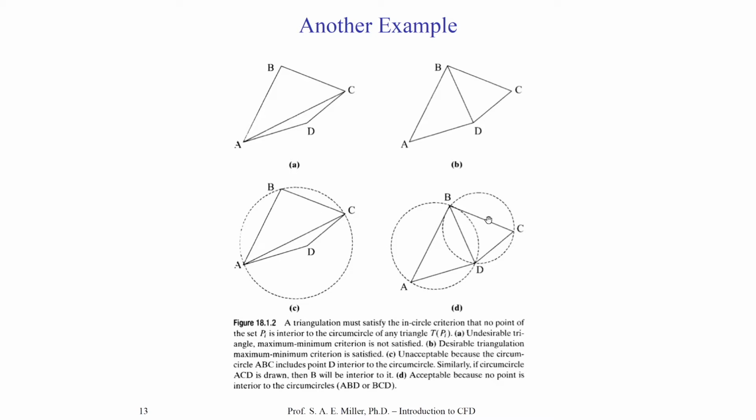Then we could construct other circles, which are unique, which would be A, B, D, and B, C, D. You can see that these particular circles with an insertion in the circumcenter would satisfy the Bowyer test, and therefore that connectivity change would be correct.